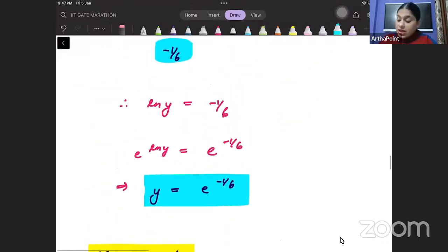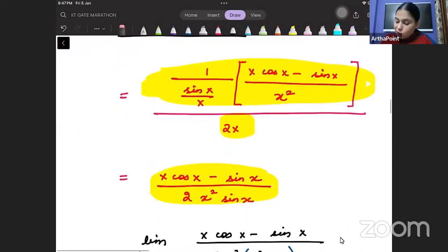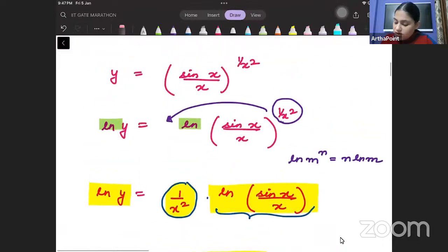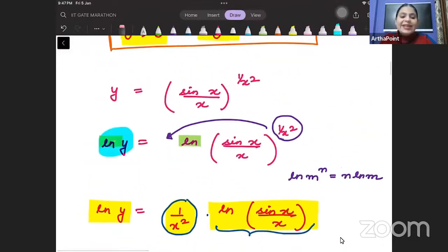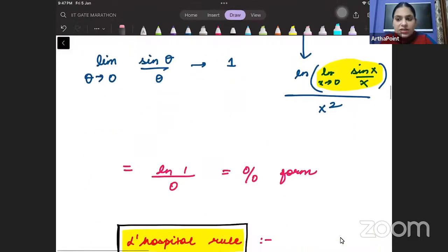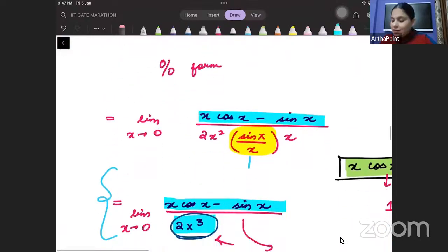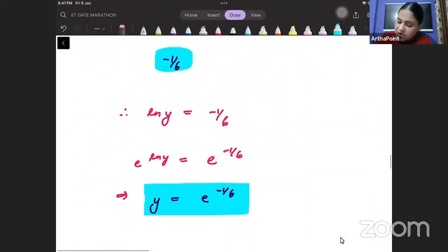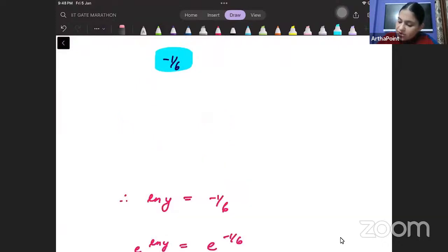What does this mean? Look, this entire thing that we solved, we solved this entire thing for ln y. So it means that I can go ahead and say that my ln y will be minus 1 by 6.